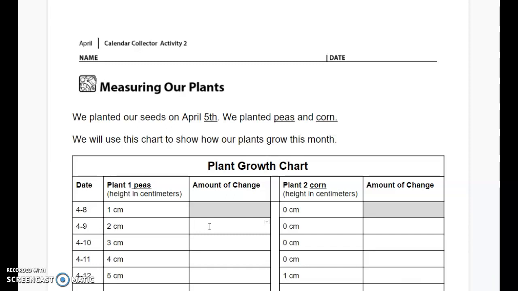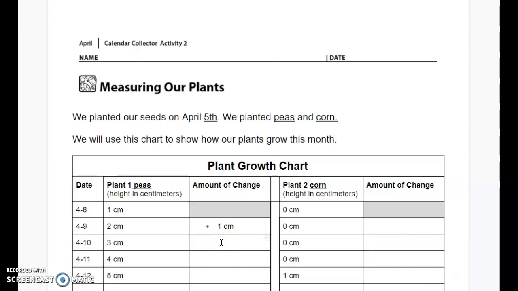Now show a connection if you're thinking they've grown 1 centimeter. That's exactly right. So we will put a plus sign, and then we want to put 1 cm for centimeter. That's how much our plant grew.